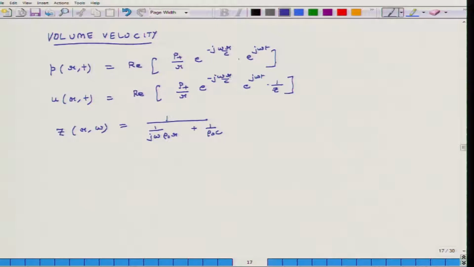This is what we had developed last week, and now we will develop it further and introduce the notion of volume velocity.